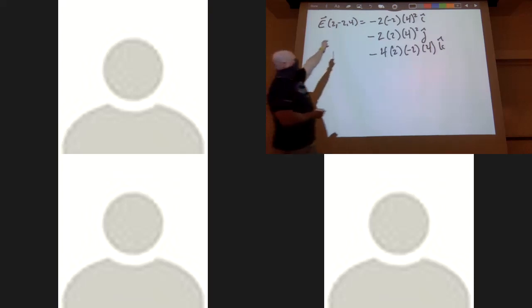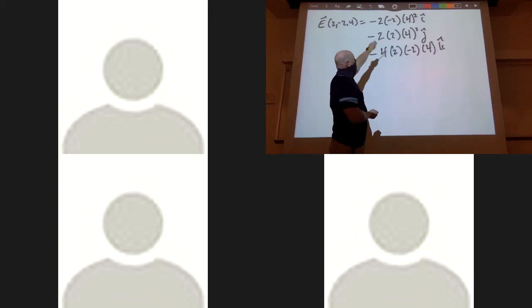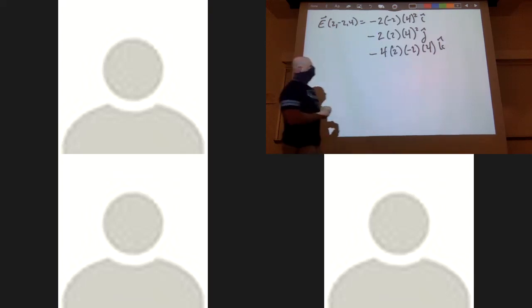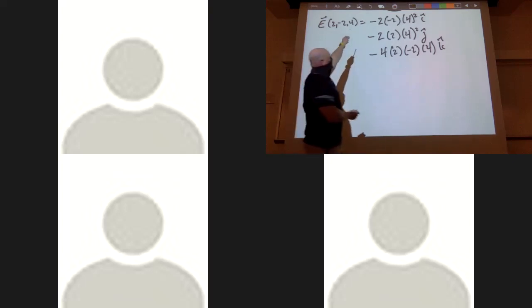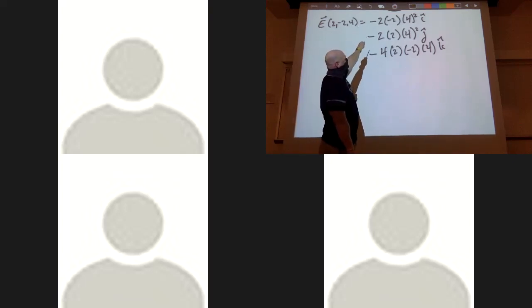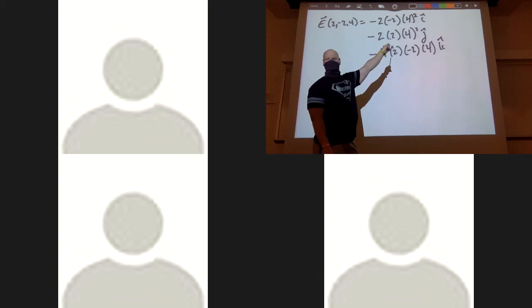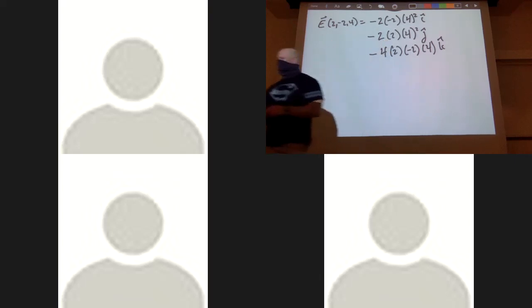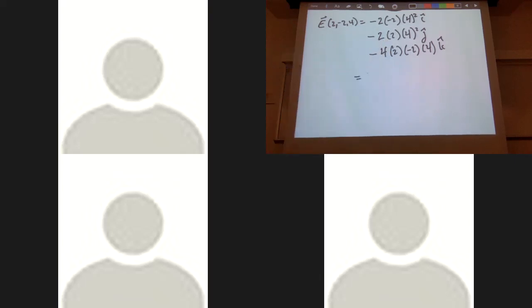So the first one, I have a negative times a negative, which makes it a positive. So that first term is positive. And the second term is negative because I only have one negative. And the third term is also positive because I have 2 negatives, which give me a positive. So ultimately, this is the same thing as what? 4 times 4 squared, which is the same thing as 4 cubed. So this first term is simply a positive 4 cubed in the i hat direction.